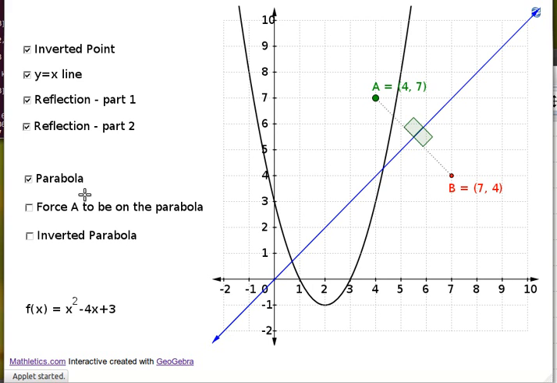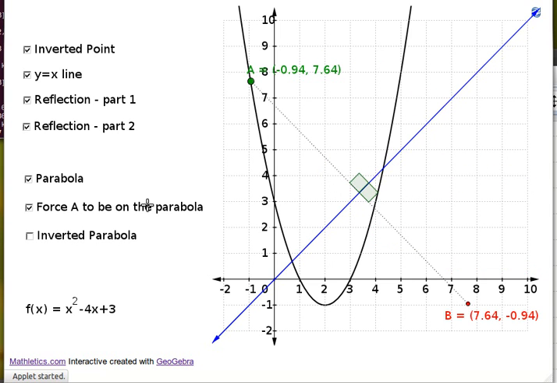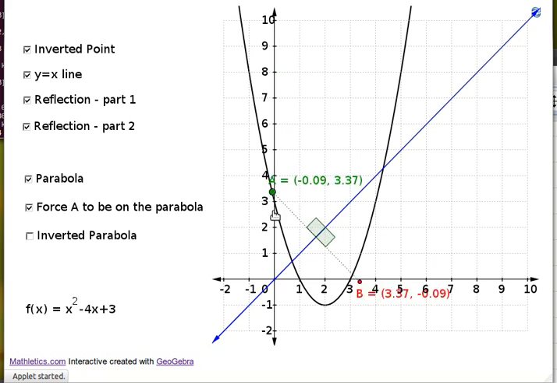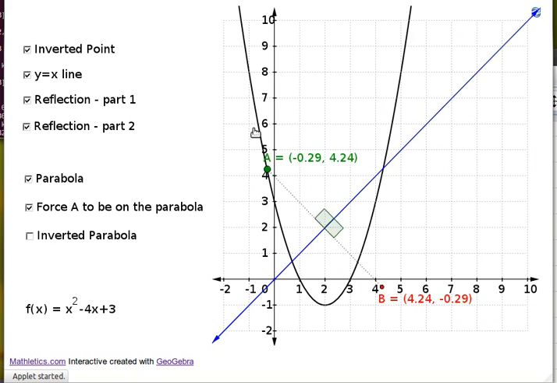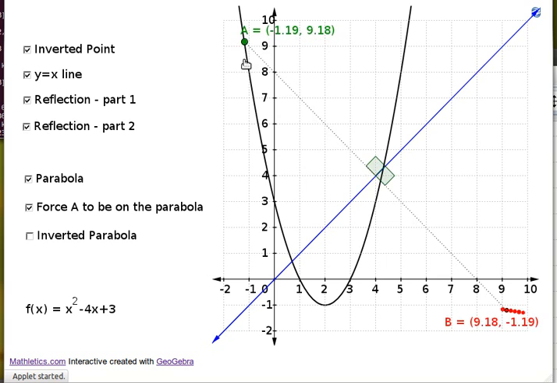We draw a parabola, say, and then we've still got these reflected points, but what we're going to do is force the point A to actually be on the parabola. And so now as you move the point around, it has to stay on the parabola. And you can see what's happening to the point B. It's still reflected in that line. But if you right click on this point and turn the trace on, then as you move this, you leave a trace of where that point has been.